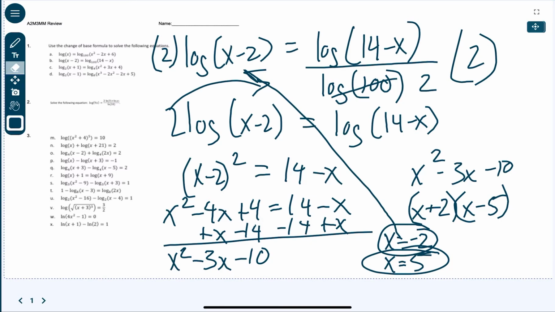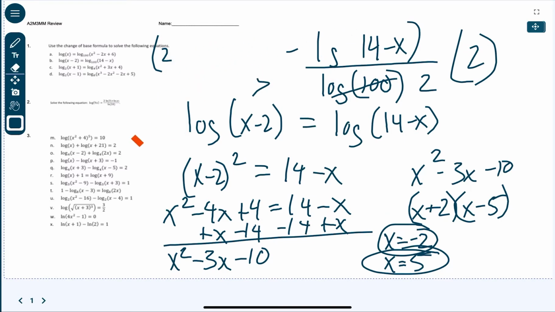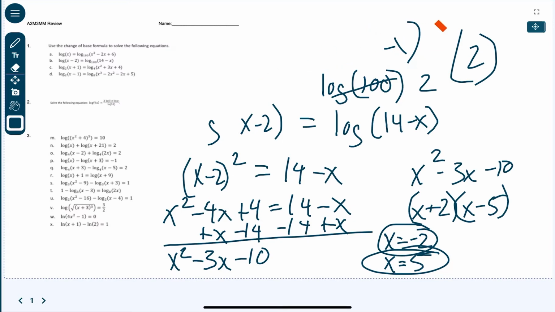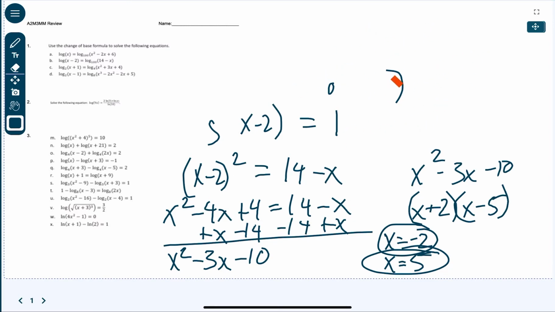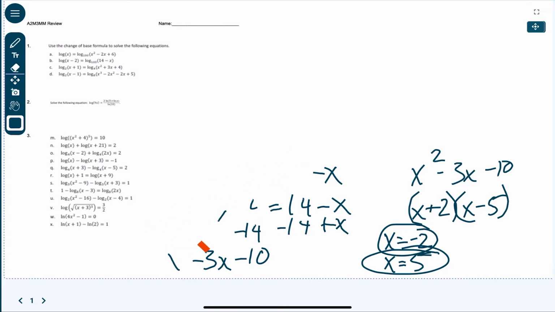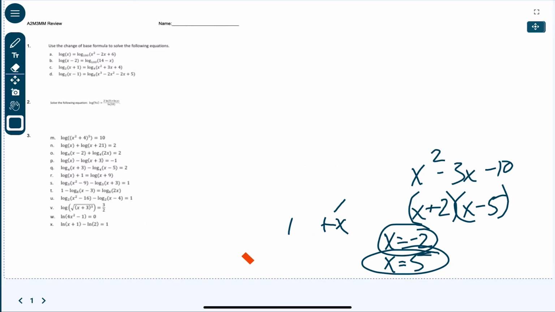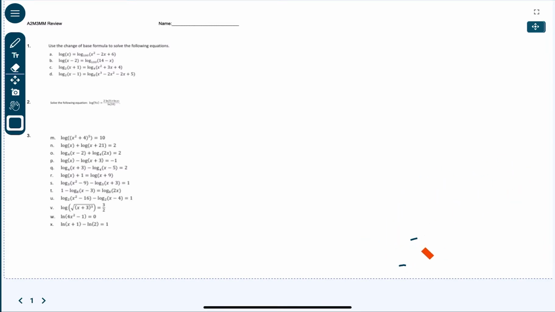All right, let's go with C now. Okay, now there's something to work on both sides with a change of base. With this worksheet as small as it is, it's kind of hard to see, but that is a log base 2. All right. So let's go ahead.